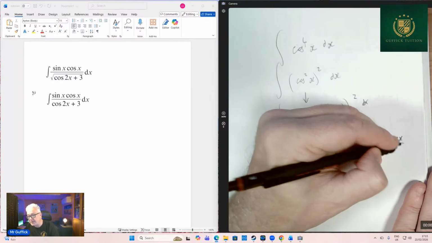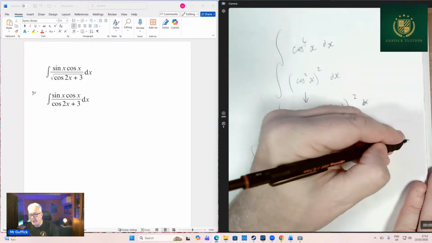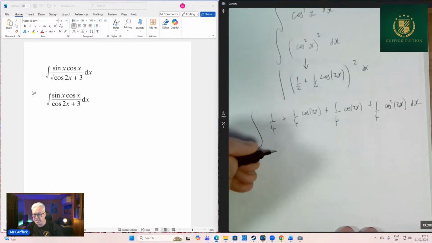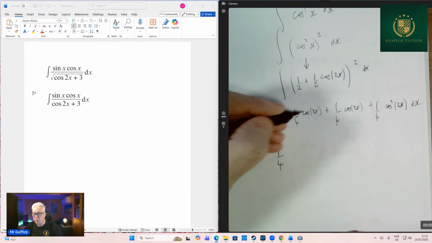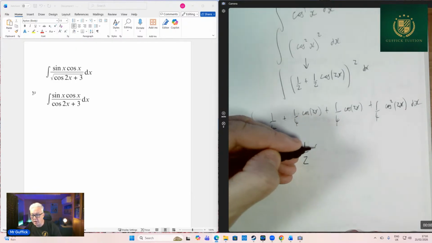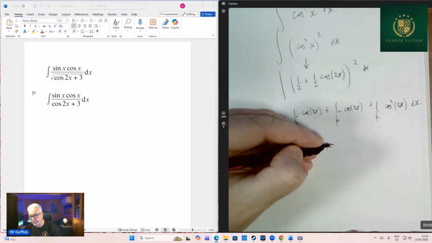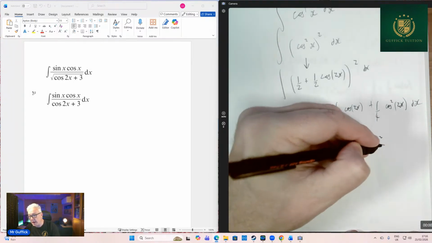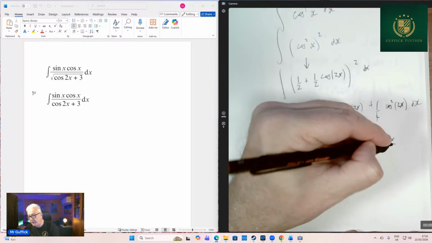All I've done at this stage is expand that double bracket. Now we can collect our like terms. A quarter add a quarter is 2/4, which is a half. So that goes to a half cos 2x plus a quarter cos squared 2x, dx.